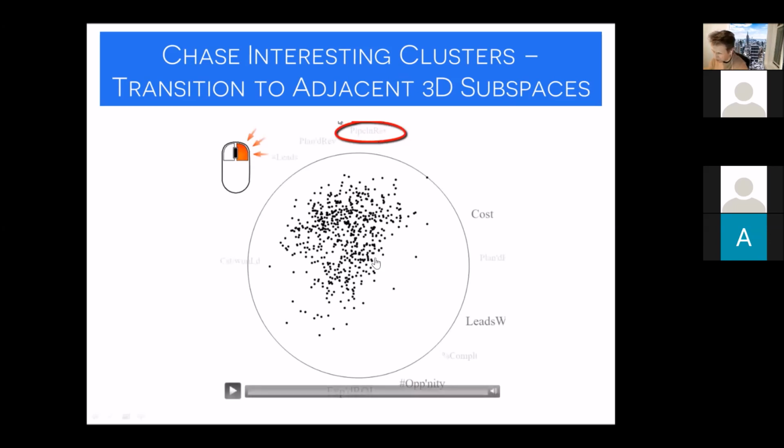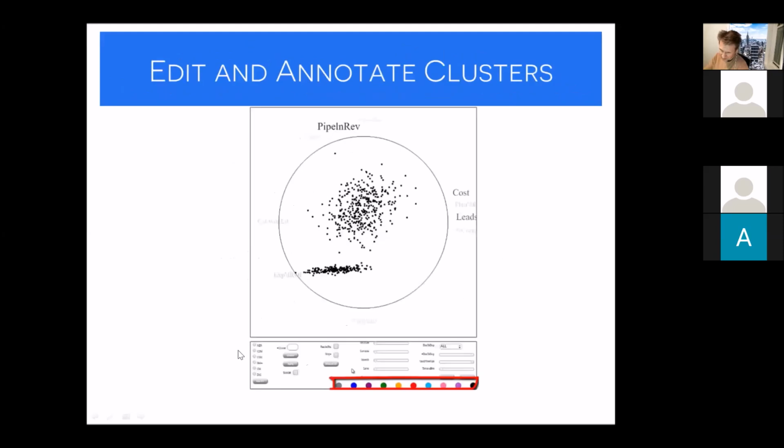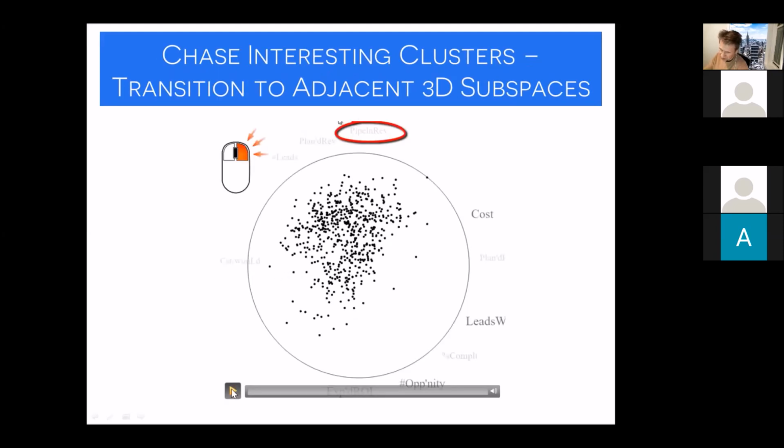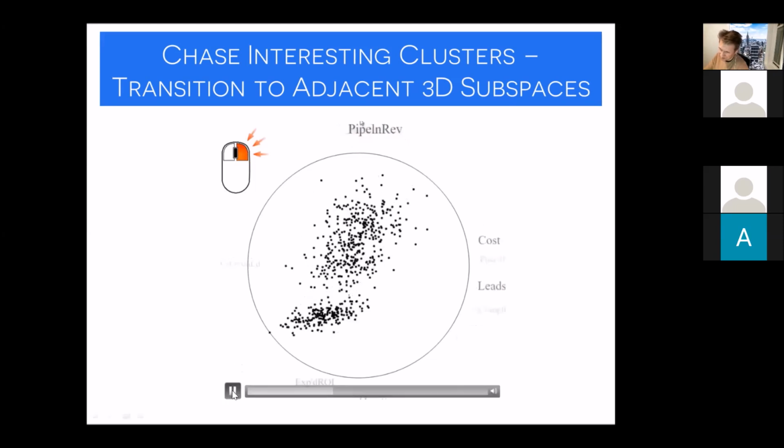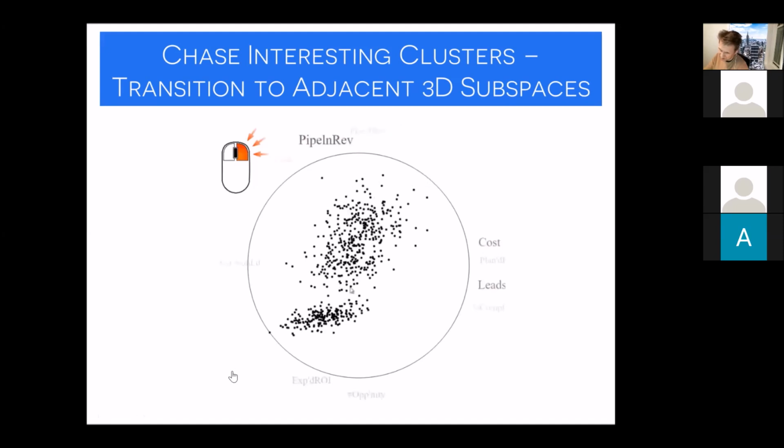So basically I have to go to an adjacent subspace that has that pipeline revenue more expressed, where the projection of pipeline revenue is bigger, okay? Oh, sorry. So here I show you how this program does this, right? All you need to do is take the mouse and point it to this attribute that you like, it moves a little bit, just keep doing that.